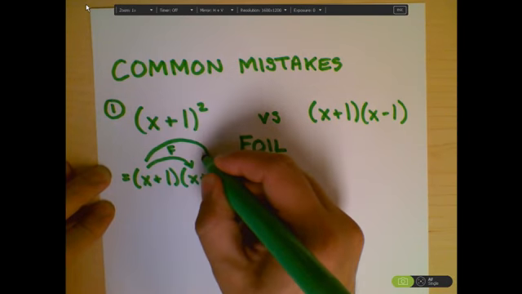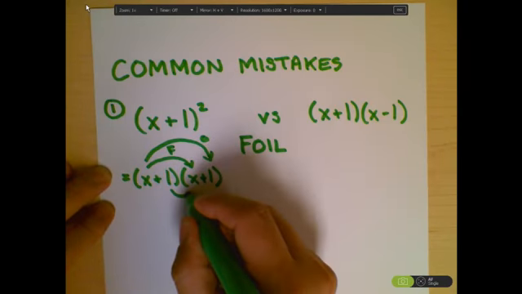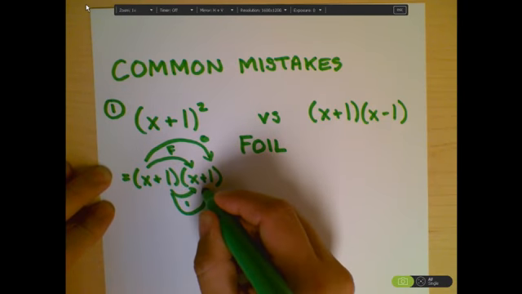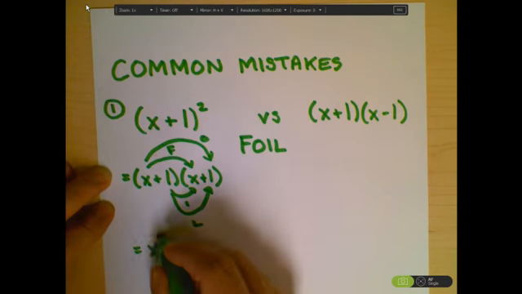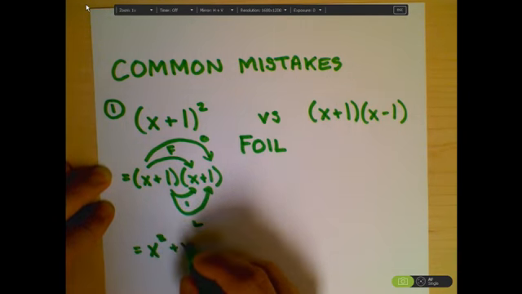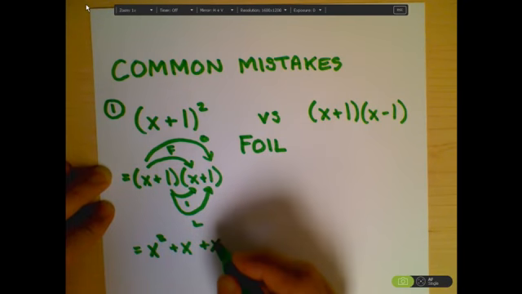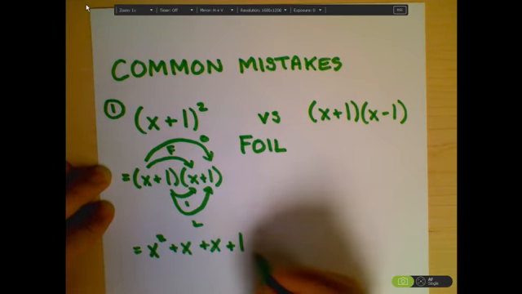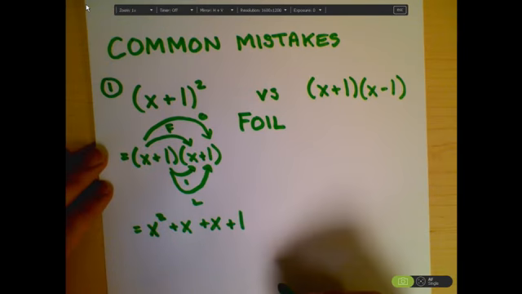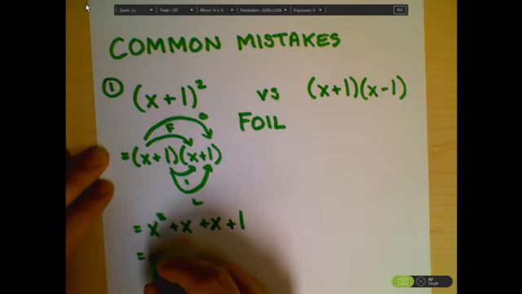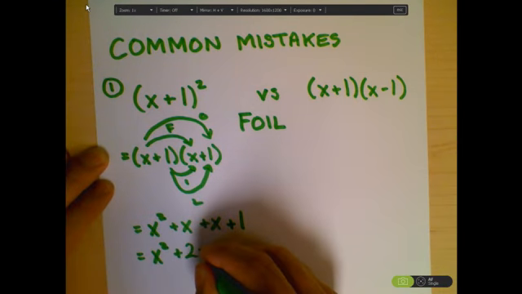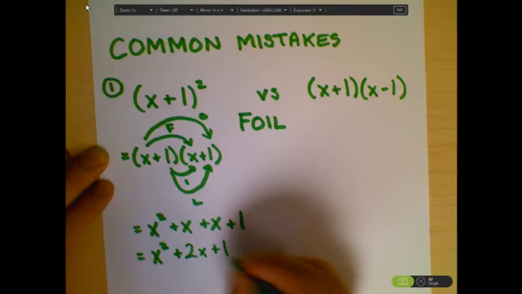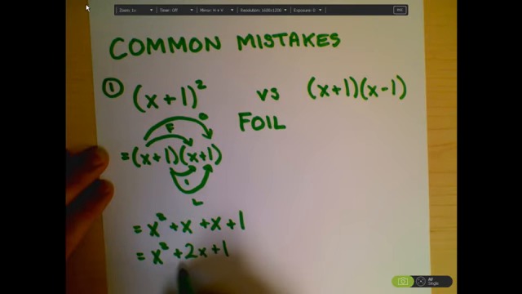So as we use FOIL, we're going to end up with x times x, which is x squared, plus x, plus x, plus 1. And then we would simplify by gathering like terms. And our answer would be x squared plus 2x plus 1.